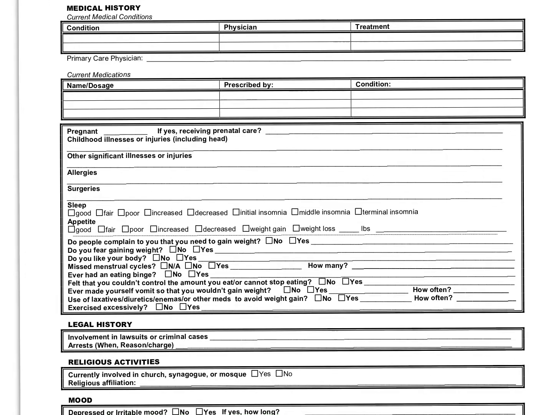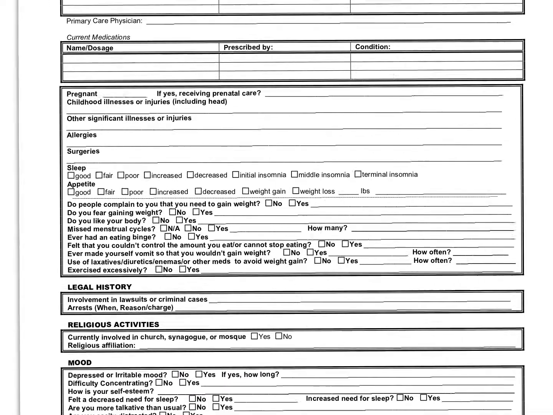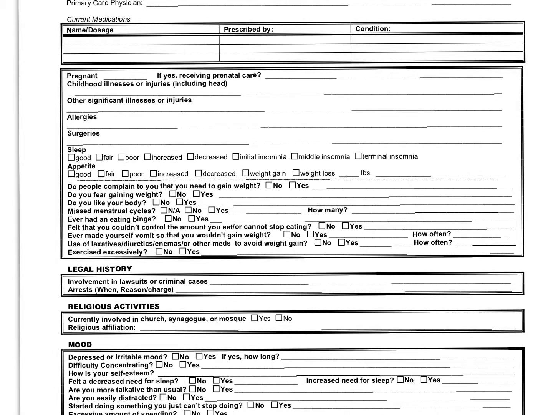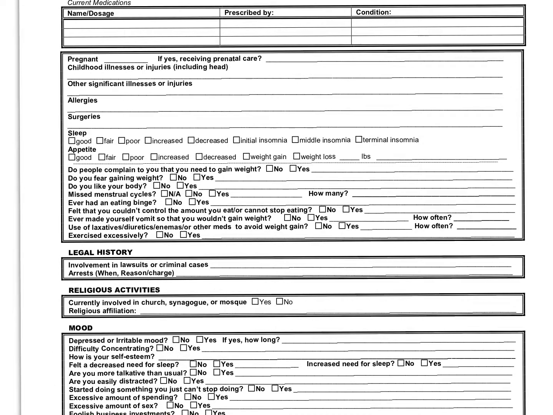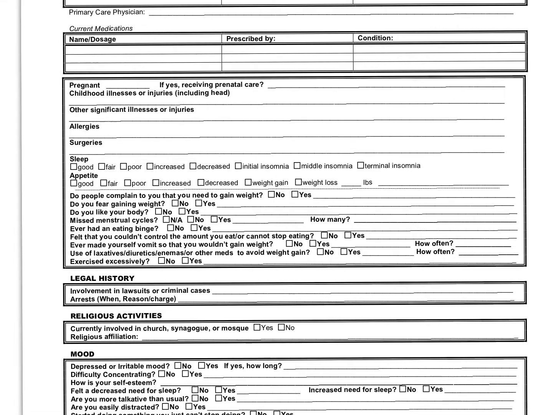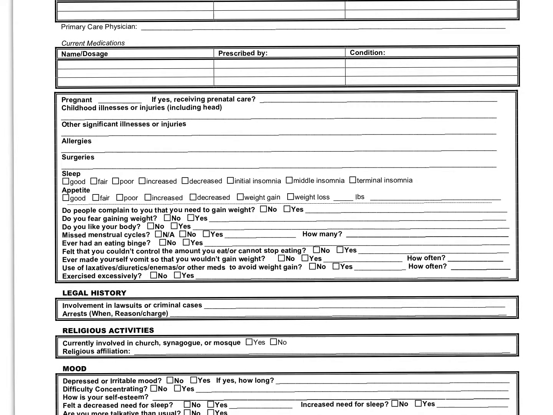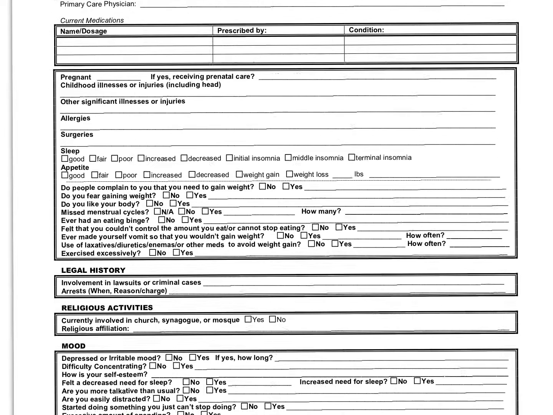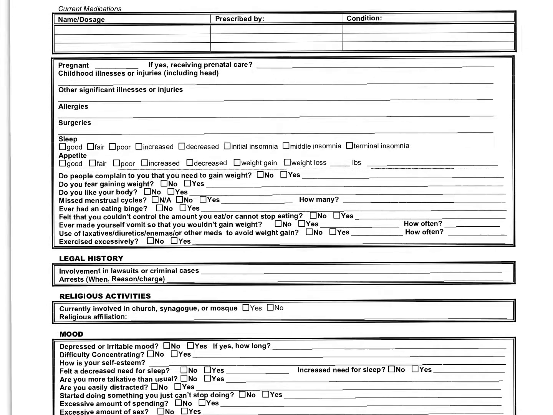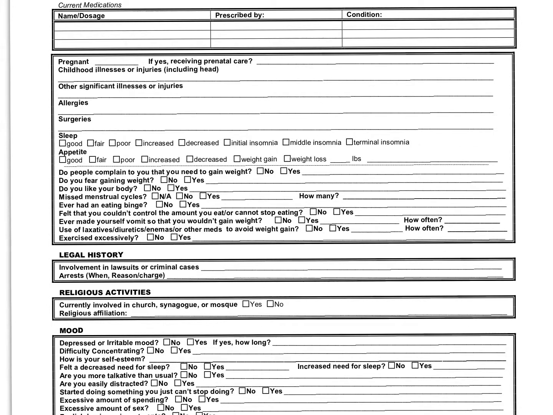The next segment here: are you pregnant, if it's a woman, obviously, or female? Skip that question if it's a male, obviously. Did you experience any significant childhood illnesses or injuries? Did you have any head injuries? Did you ever lose consciousness?